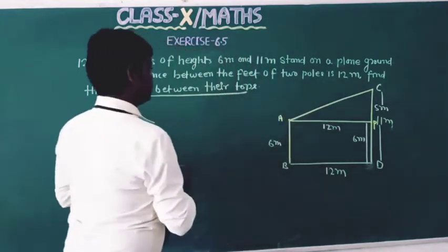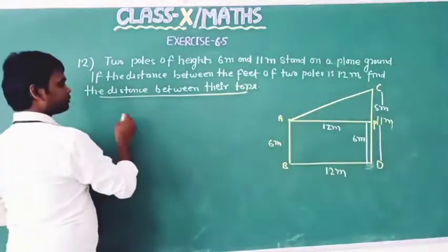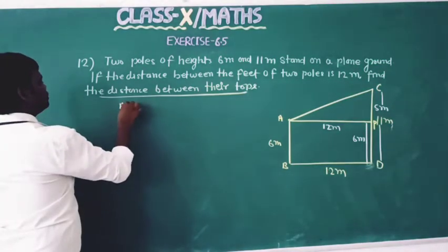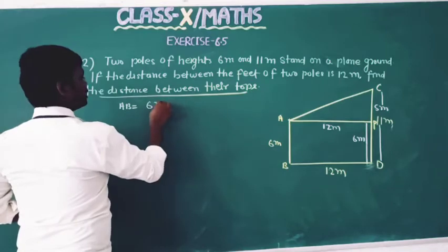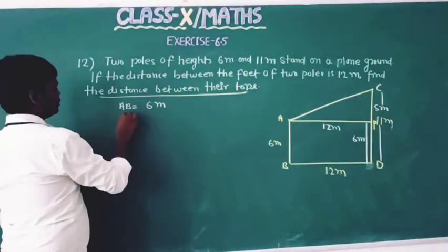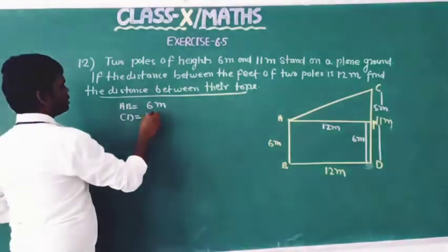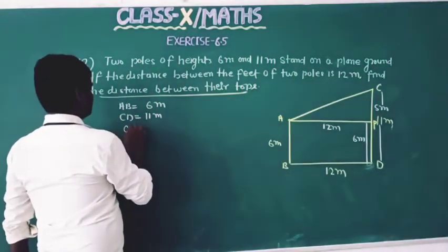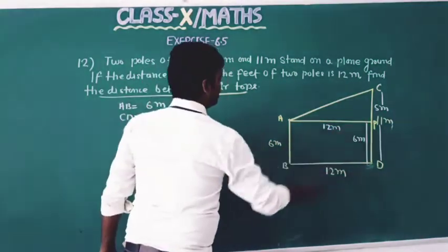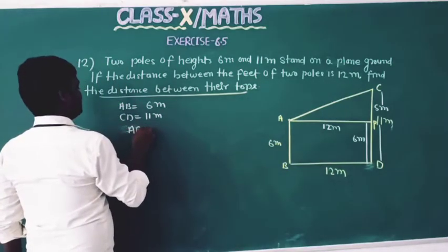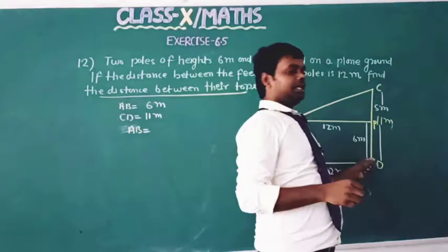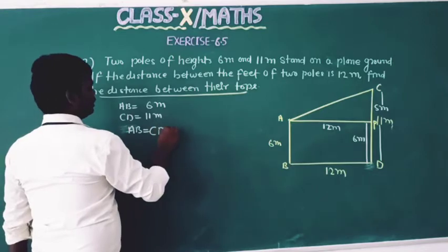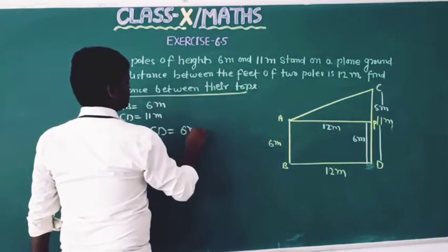So now write, given AB equals 6 meter and CD equals 11 meter. Then CP, and AB and PD equal 6 meter.